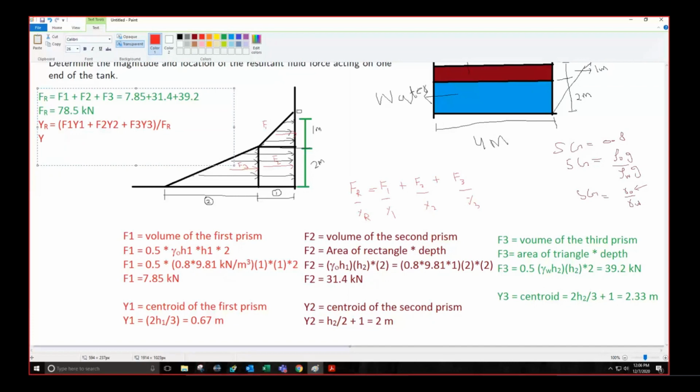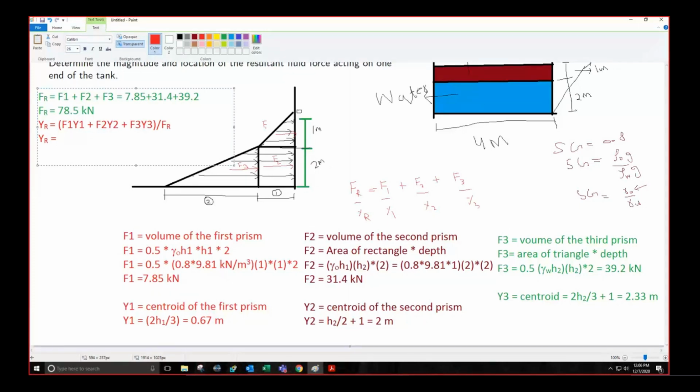So y, just copy it from here. We know all the values in this formula, so we'll just be writing the answer, which is equal to, just quickly multiply and divide. F1 is 7.85 multiplied by 0.67 plus F2, which is 31.4 multiplied by Y2, which is 2, and then plus F3, which is 39.2 multiplied by 2.33, which is Y3.